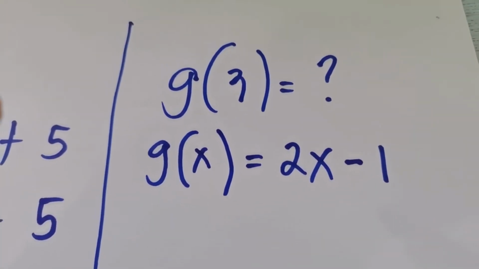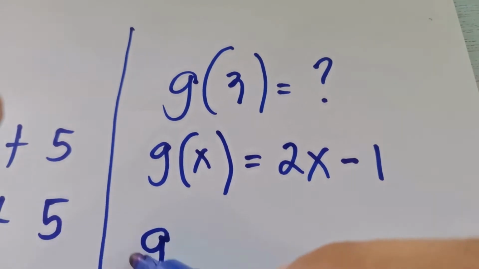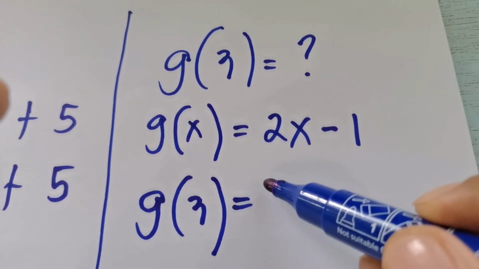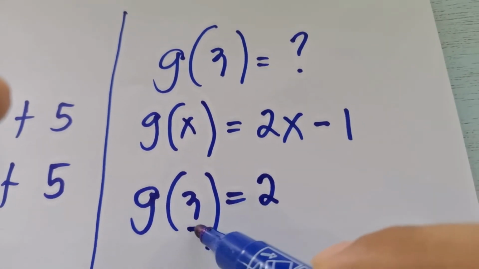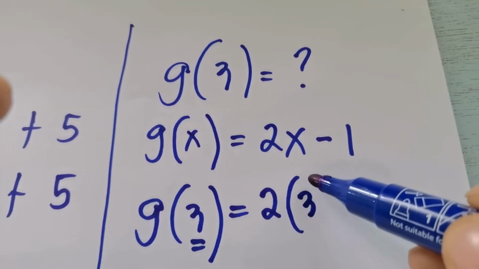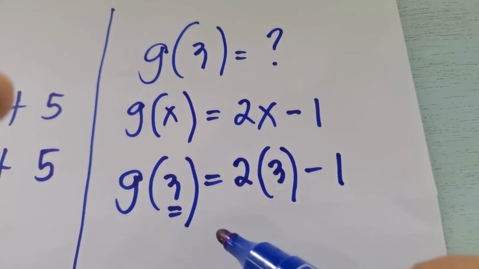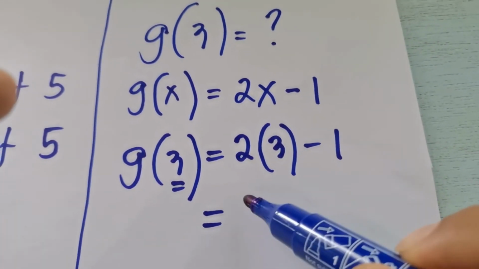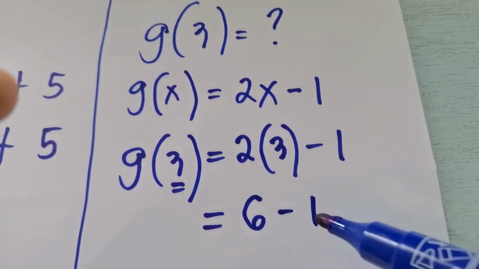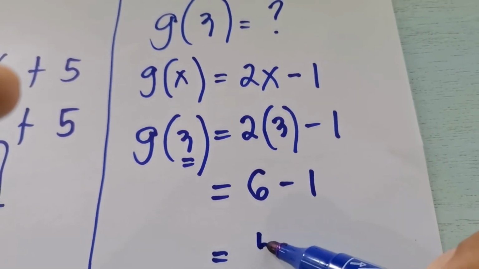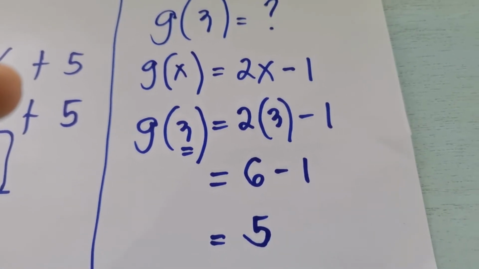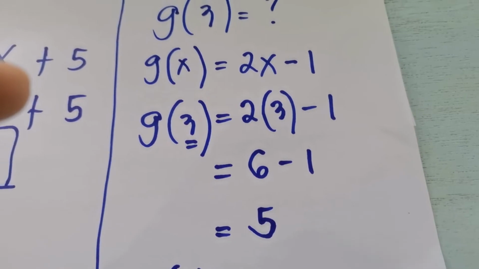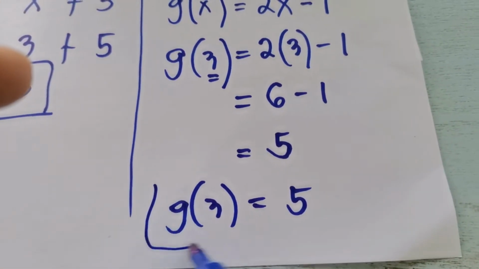Since we're looking for g of 3, we can have g of 3 equals 2. Our x is 3, so we can have 3 substitution minus 1. Now 2 times 3, that is 6, minus 1, we have 5. So our g of 3 is simply equal to 5.